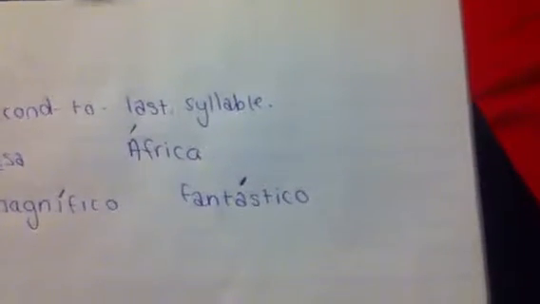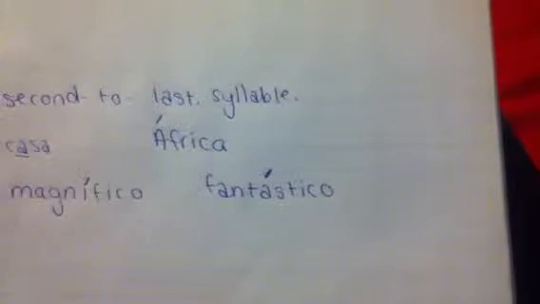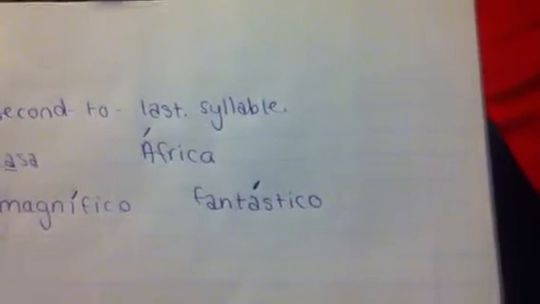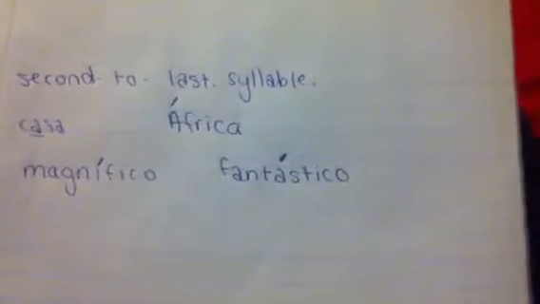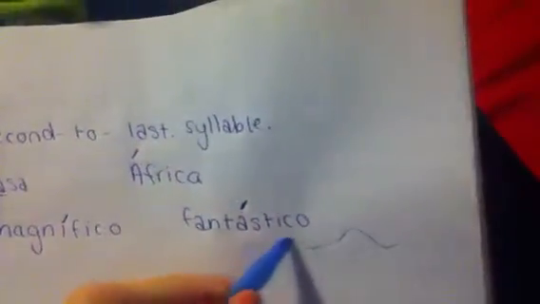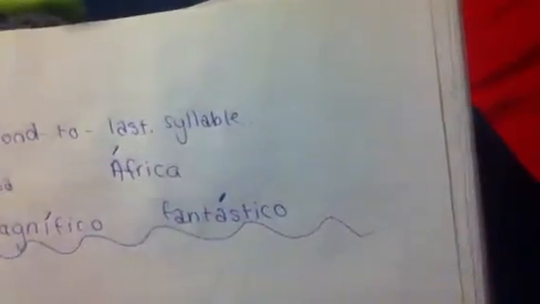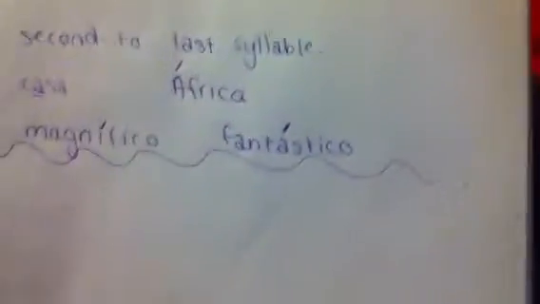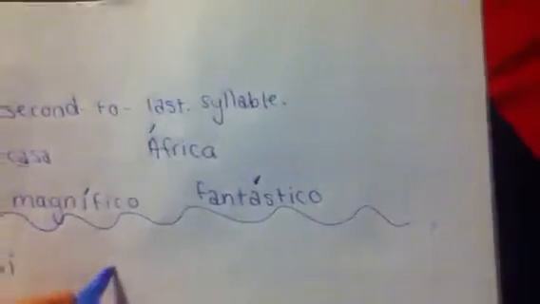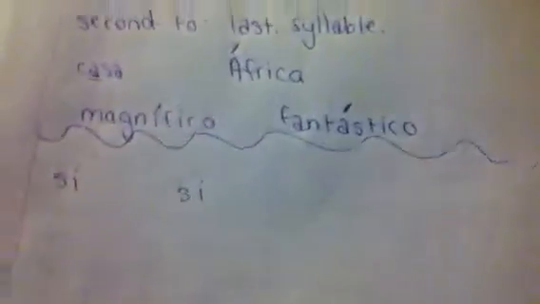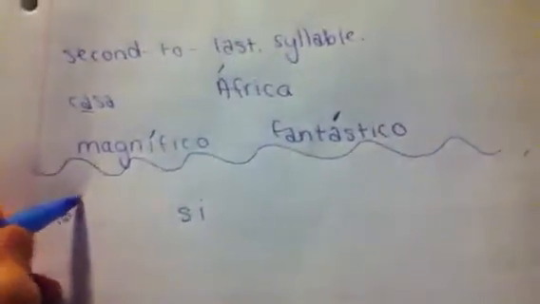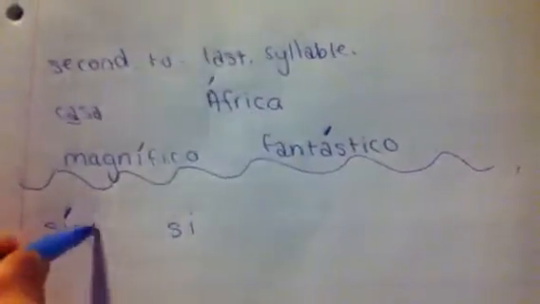So now I want to get down to the very tricky words that just need accents, to differentiate them because they're otherwise the same. So si and sí. One means if, the other means yes. The sí with an accent upon it means yes.